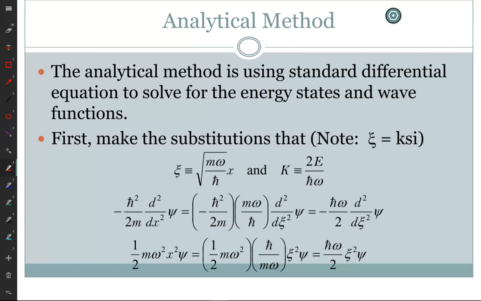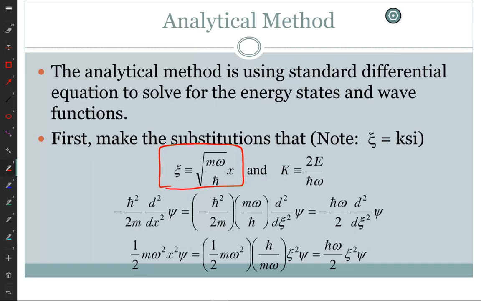The text uses this Greek letter xi. Once again, why don't they use something that we can pronounce or write, or both would be even best? I don't know why, but I wanted to be consistent with the textbook, so I used it as well. So we introduce a replacement for the position, xi, that is linearly proportional to the displacement x.